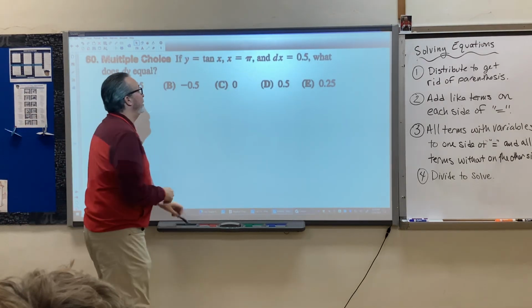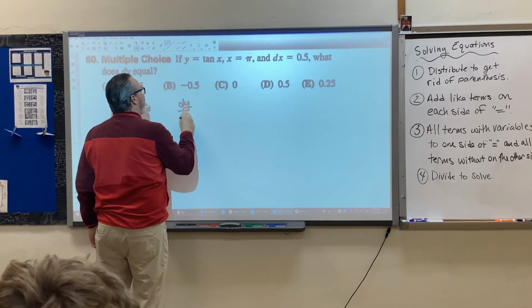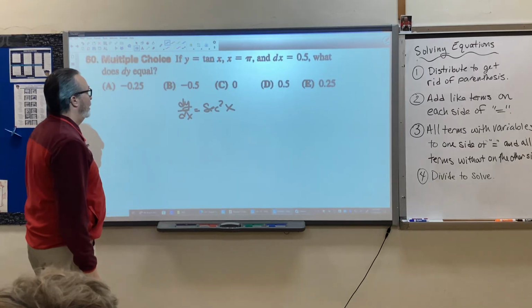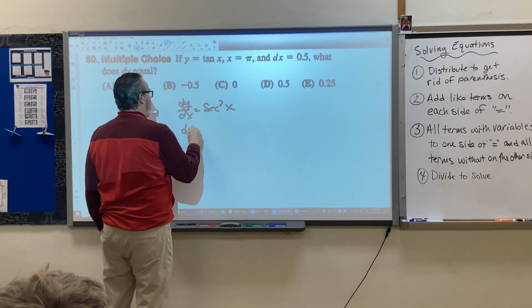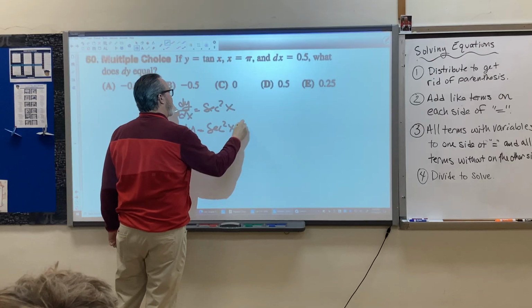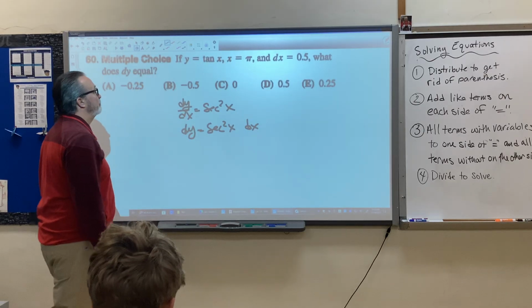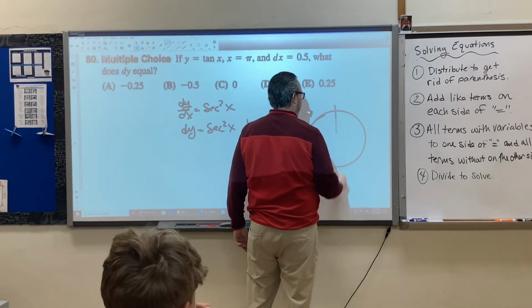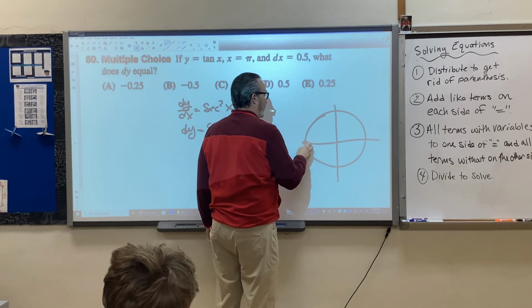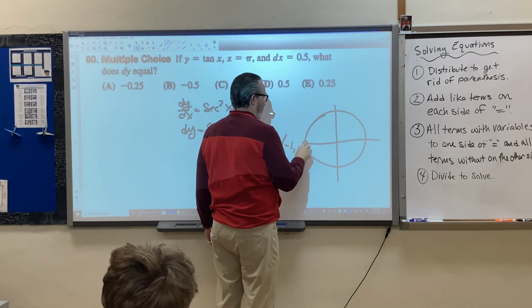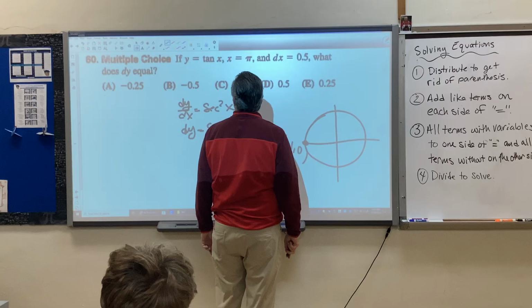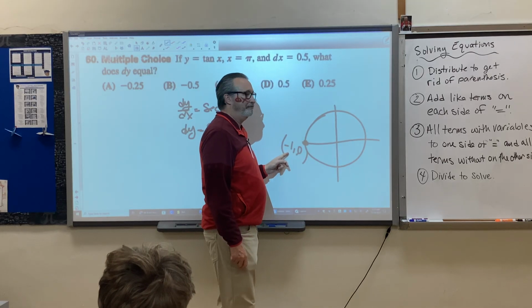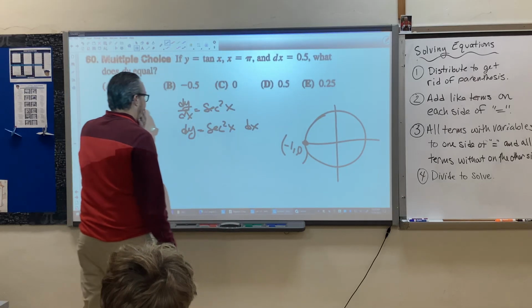So dy dx is secant squared x, right? So dy is secant squared x dx. Secant of pi. This is the point -1 is 0. Secant is the reciprocal of cosine. It's still -1.